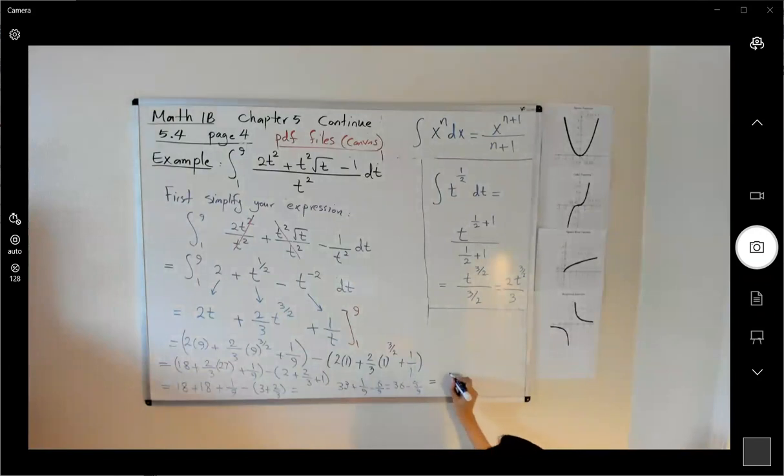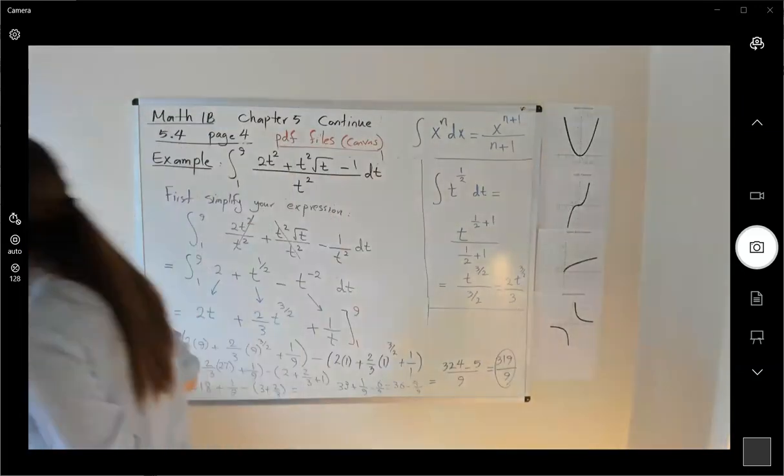It's equal to 297 minus 5, which is 292 over 9. This is the final answer for you.